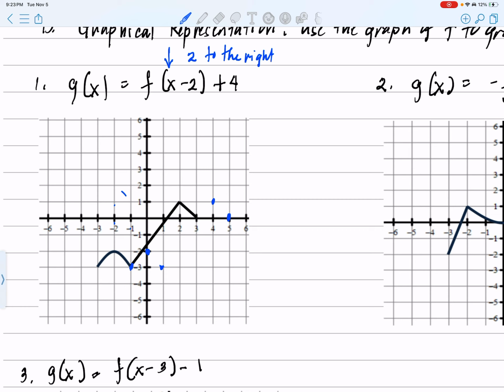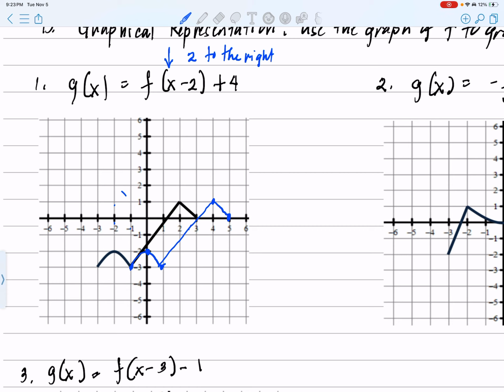I will use this color. Then right here. Then right here. All right, that's the first one. Having translated to the right.